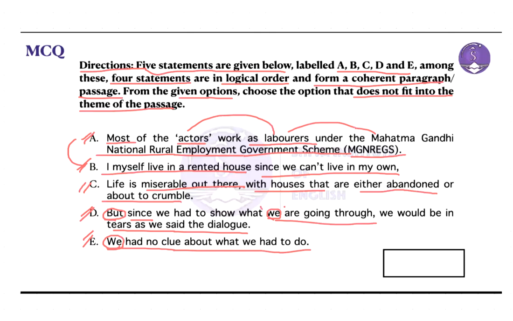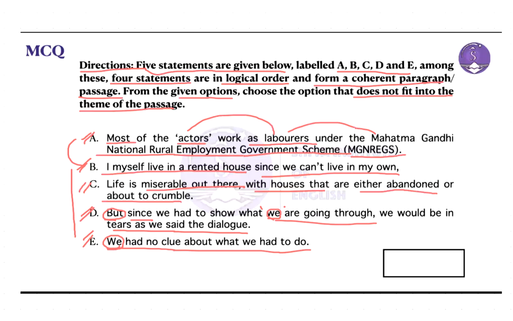So, if we elaborate these sentences, what do we find out? The statements can form a coherent passage with a theme that we can draw, which is nothing but the challenges faced by a group of people, and their challenges are nothing but their living conditions, isn't it?